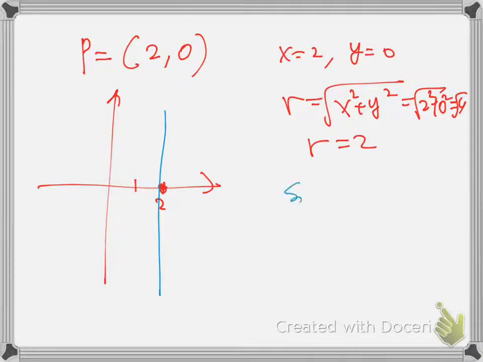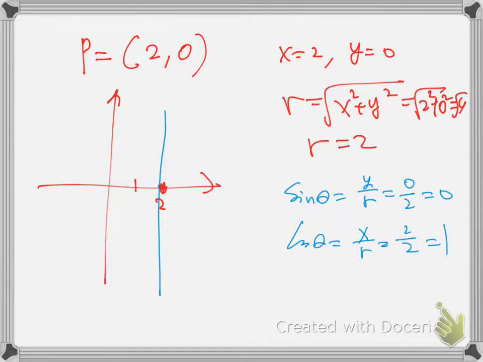So sine theta is y over r, so 0 over 2 is 0. Cosine theta is x over r, so 2 over 2 is 1. And tangent theta is y over x, so 0 over 2 is 0.